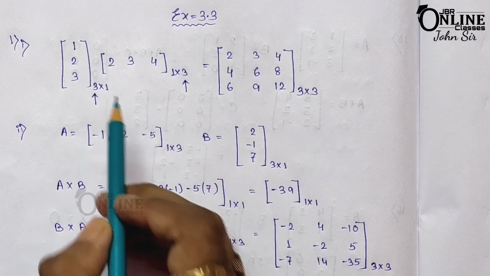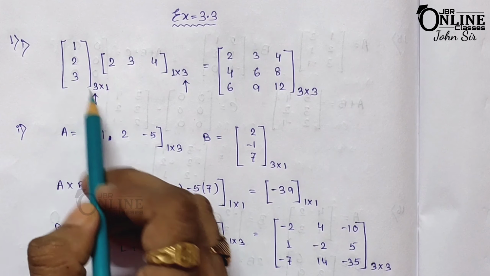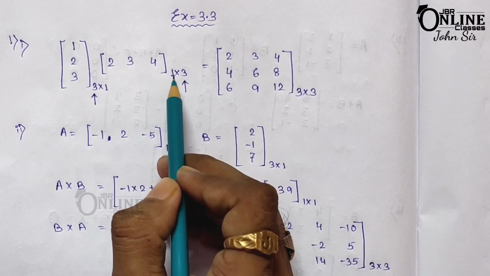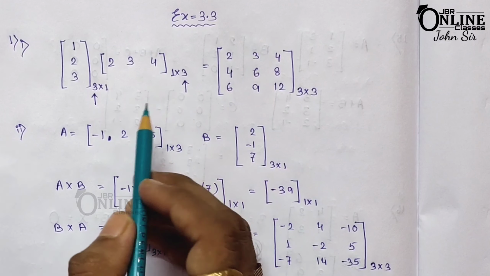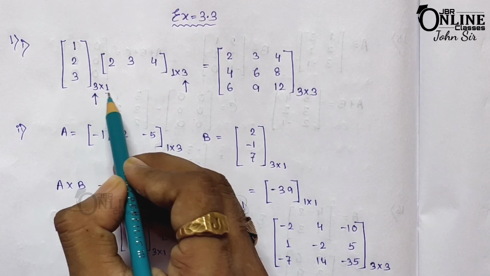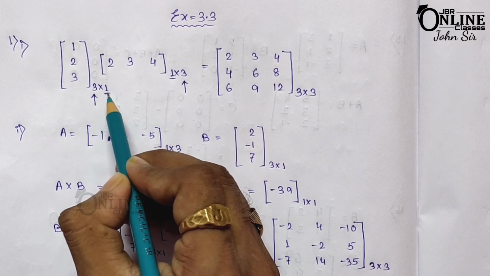Here the order of the first matrix is 3 cross 1, and the order of the second matrix is 1 cross 3. You have to remember that whenever you multiply two matrices, the column of the first and the row of the second will always be the same.